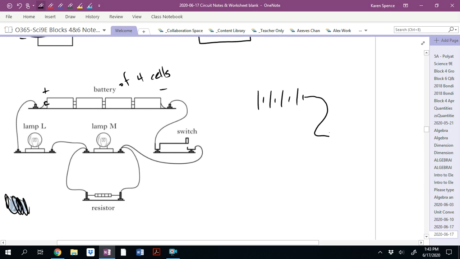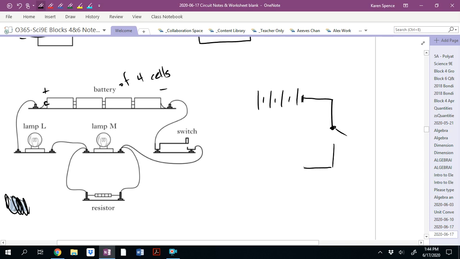Don't do this. No, don't do that. Square it off. Do I care that the switch looks like it's going this way, and I'm going to draw it going this way? No, I don't, because as long as it's attached to the negative terminal, it doesn't matter which direction I draw the lines. Okay, so there's my switch.